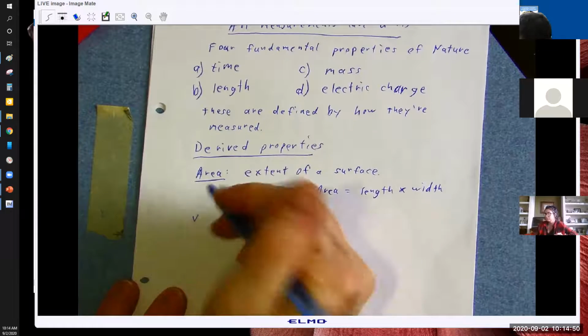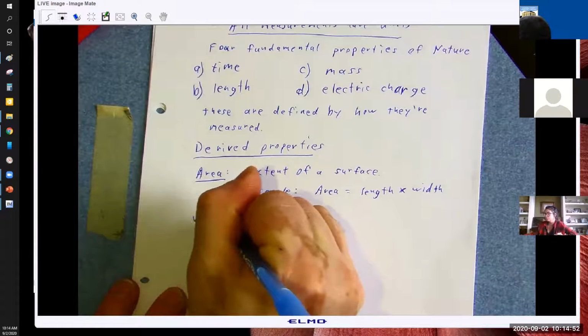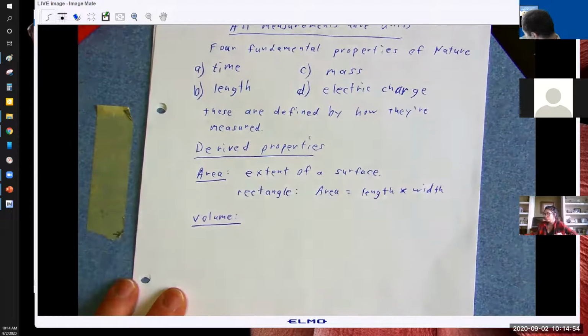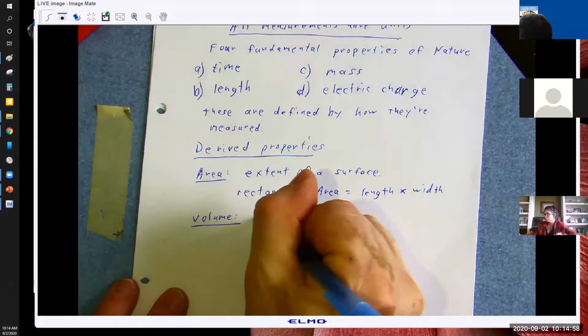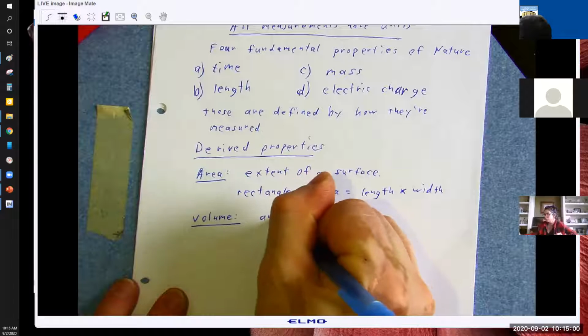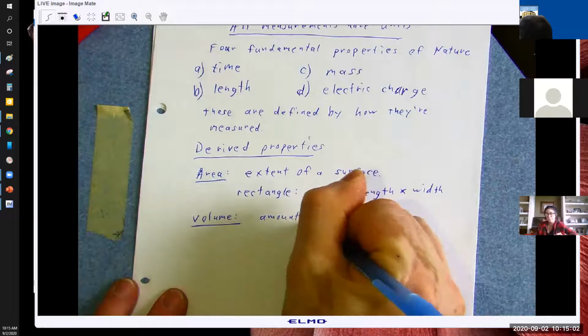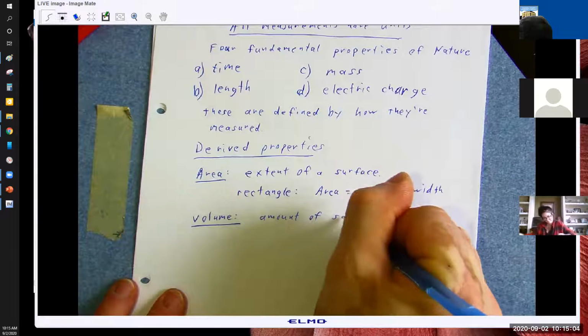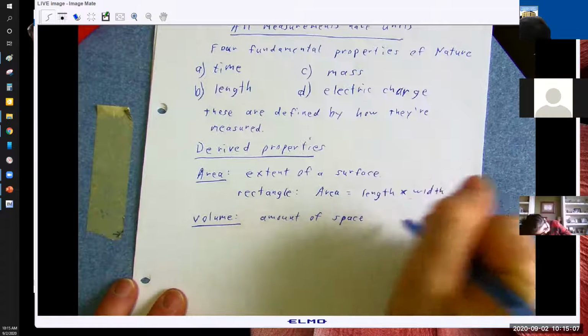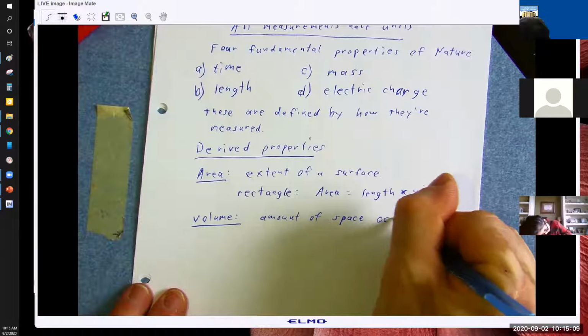And then you also have something like volume. This is the amount of space occupied.